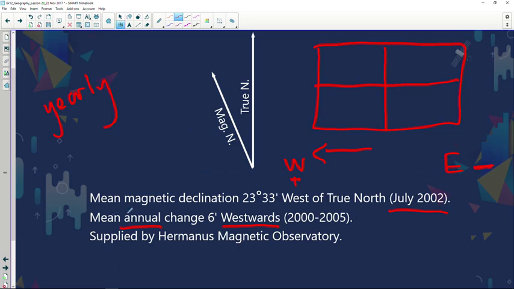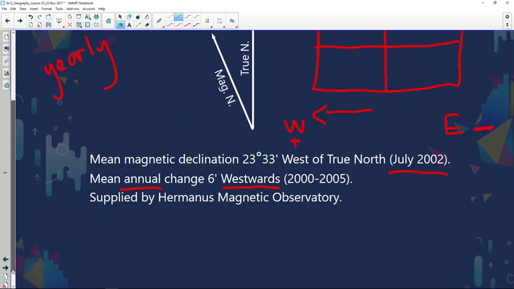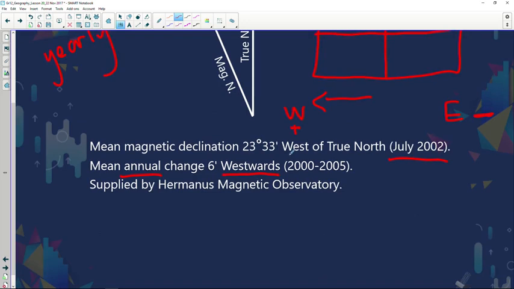And when we look at magnetic declination, we work with degrees and minutes. Now I want you to remember the following. If that's 23 degrees, 33 minutes, it works like time. The degrees can represent the same form as hours.